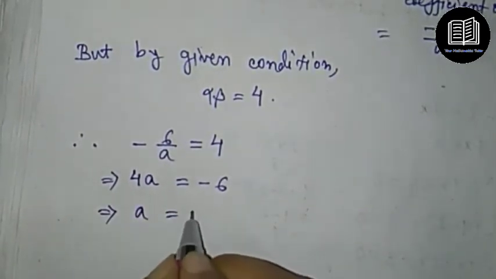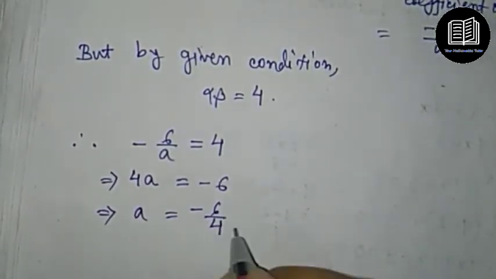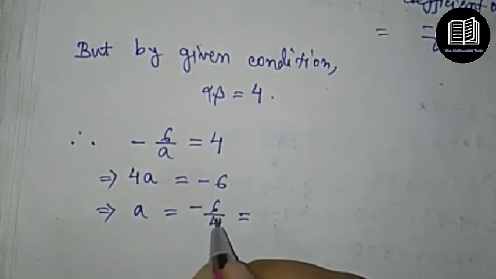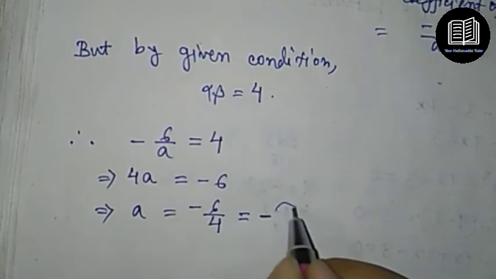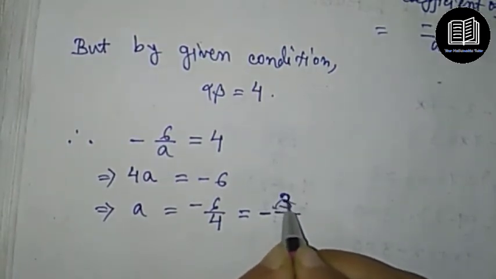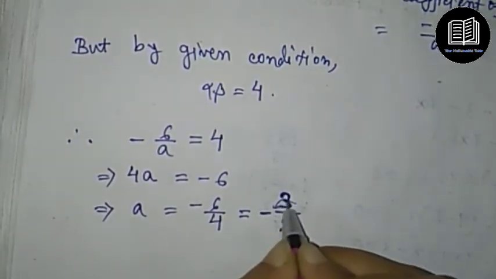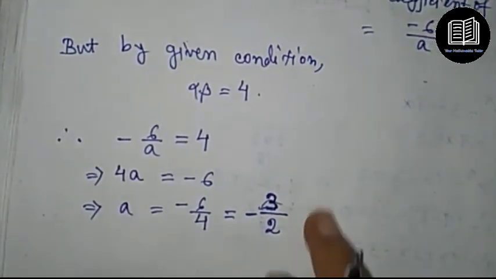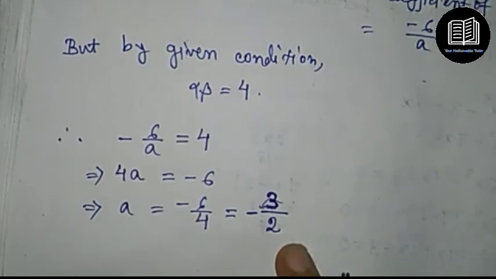So a equals minus 6 by 4. If we divide both numerator and denominator by 2, 3 by 2. Correct? So the value of a comes as minus 3 by 2.